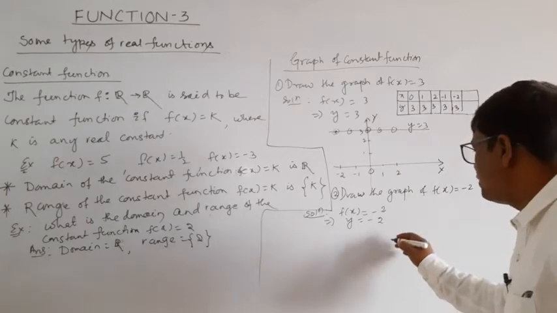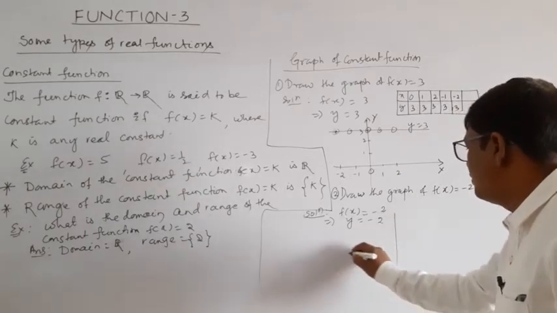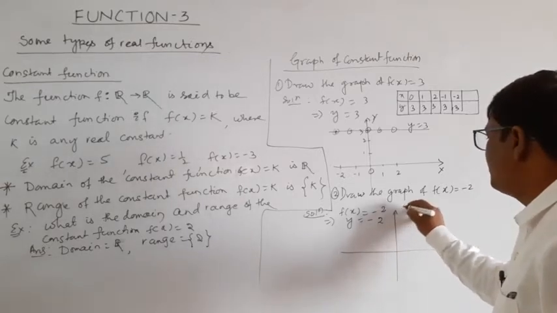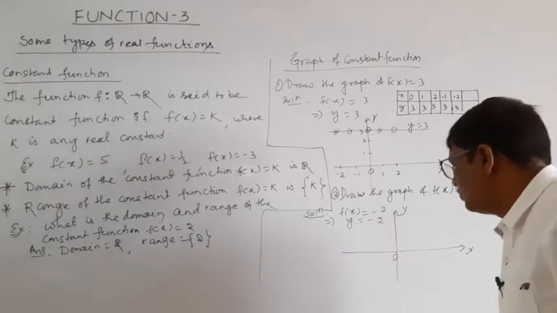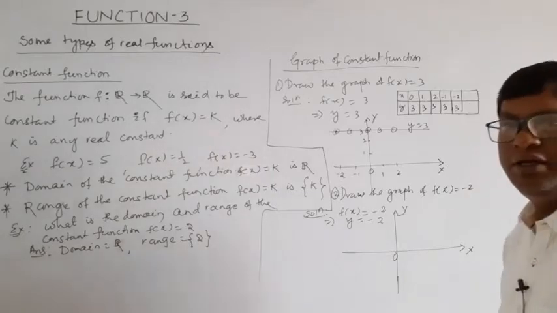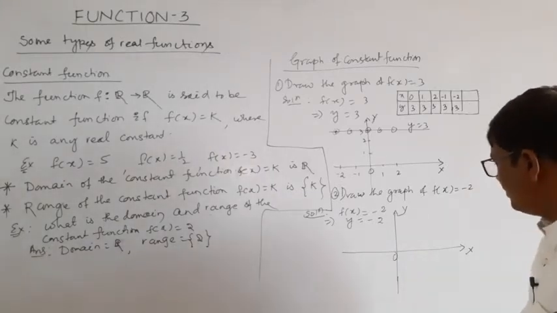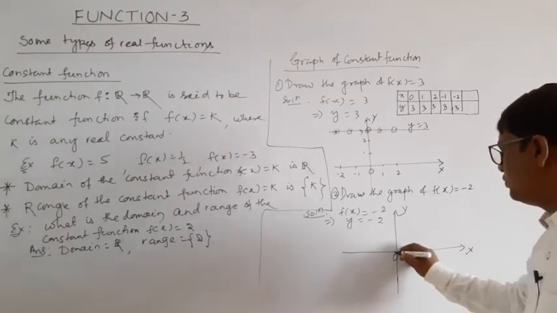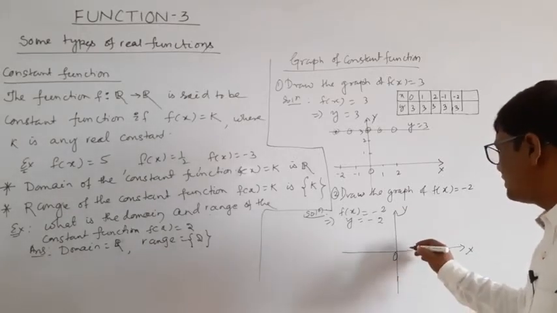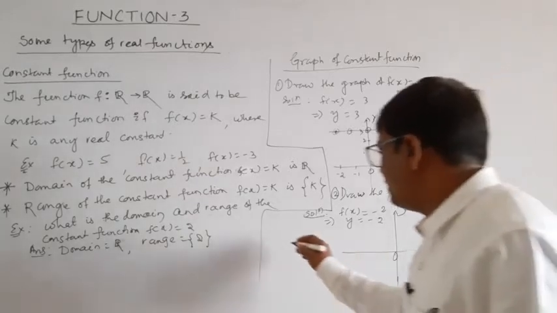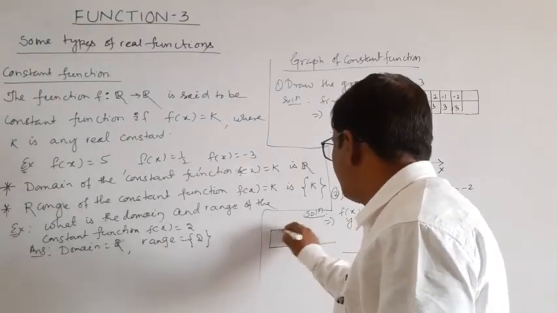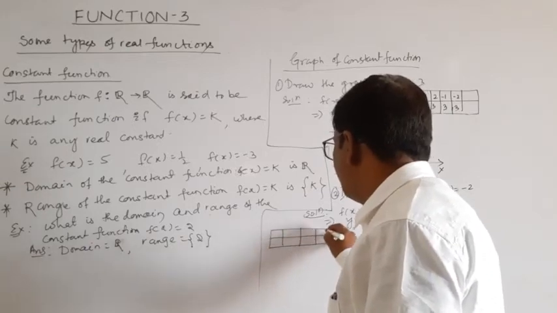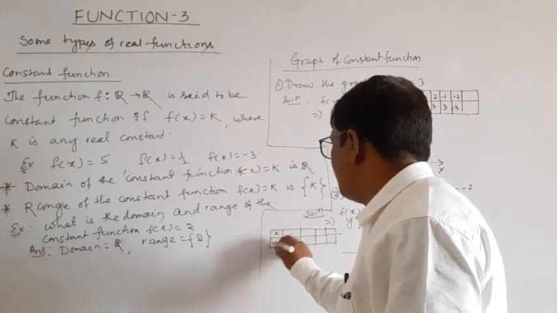So the graph is, suppose this is the x axis and this is the y axis and this is the origin. For every value of x, the value of y remains fixed. So this is minus 2 given. Suppose the table is like this, this is x and this is y.